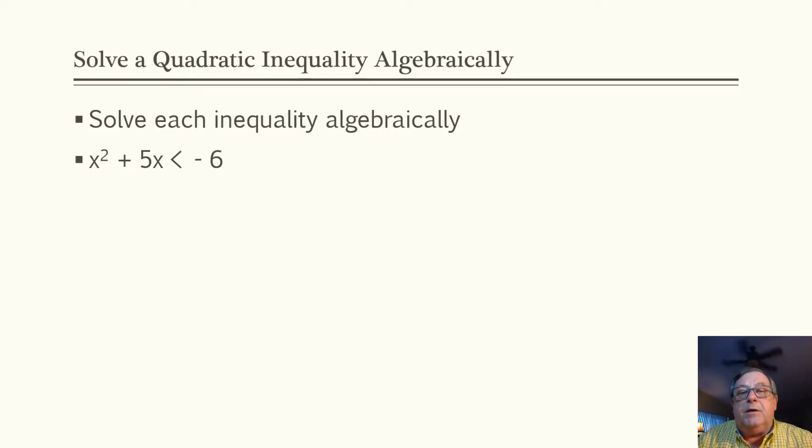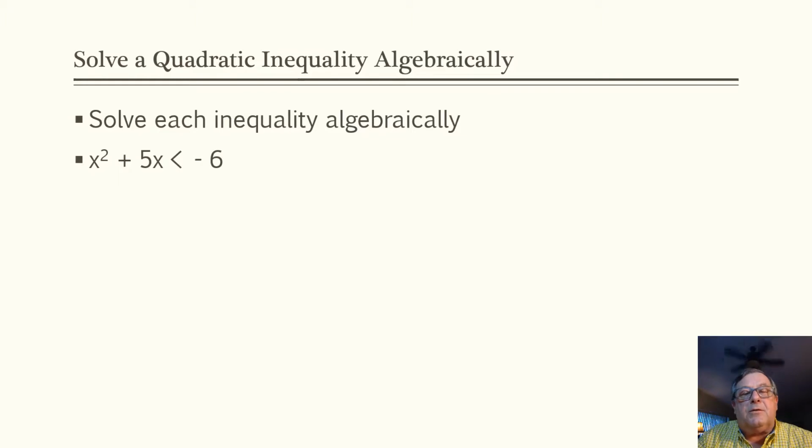And then we test a point within each interval. And if that test point on a given interval gives us a true statement back to our original inequality, then that is part of the solution set. And if not, then it's not part of the solution set.